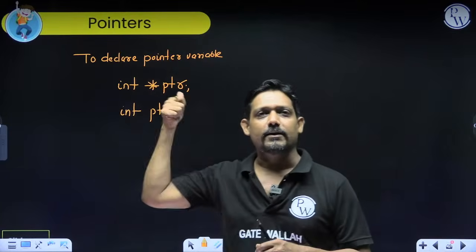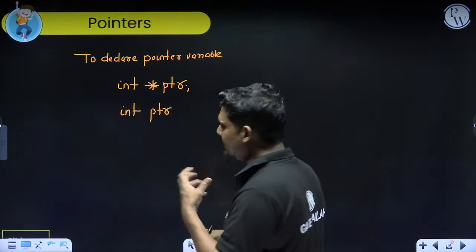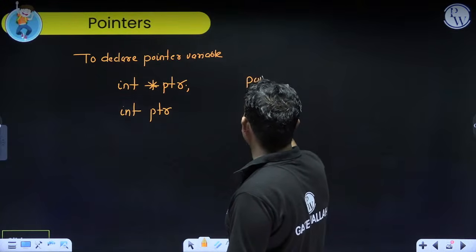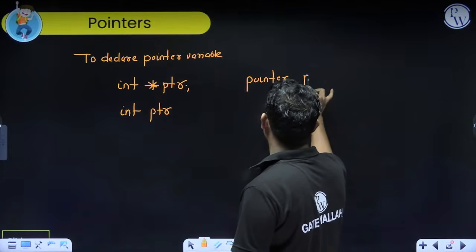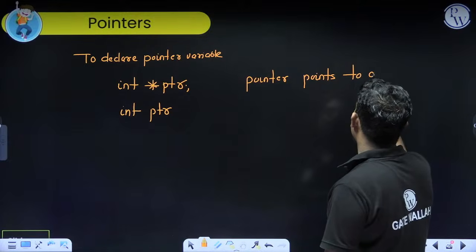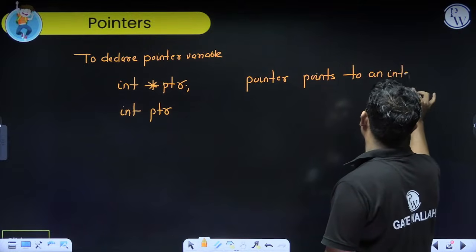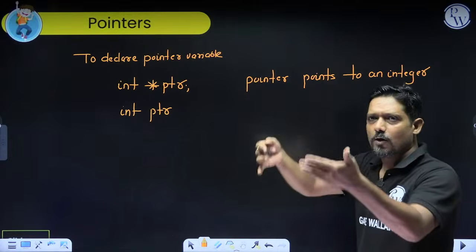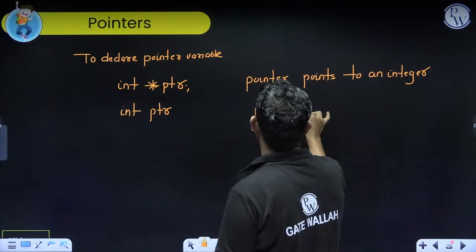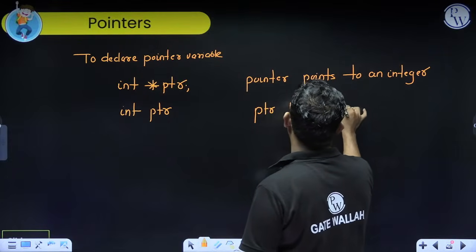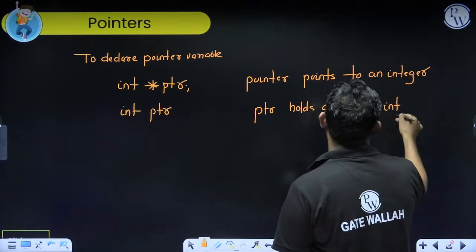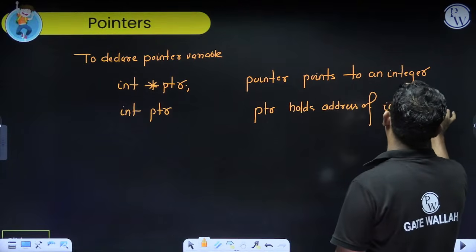It's a pointer, ptr, as the name suggests, but the name is nothing, the data type is important. ptr points to an integer, and the meaning of this is that ptr holds the address of another variable, the address of an integer variable. Let's write it clearly, integer variable.